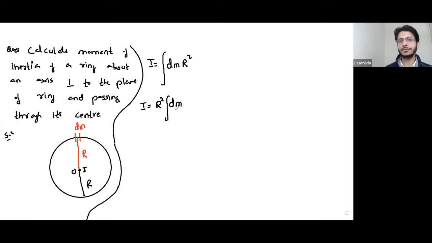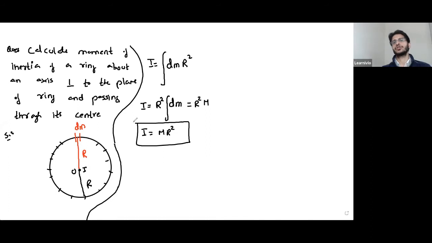I'm just left with dm. Integral of dm means keep on taking small elements throughout the ring and add them. If you combine all small elements over the length of the ring, this is R square into M. So the moment of inertia of a ring about an axis perpendicular to the plane of the ring and passing through its center is MR square.